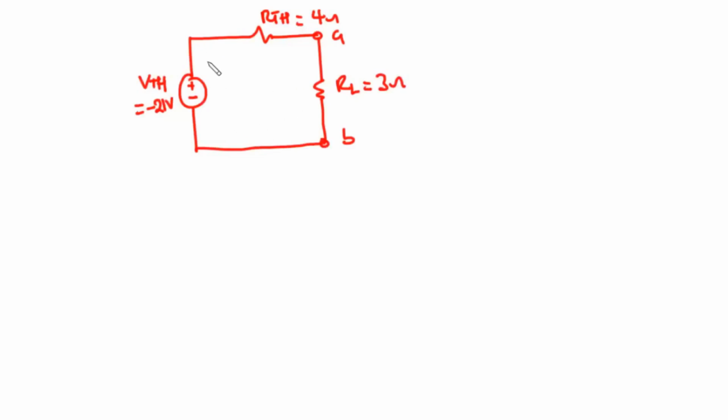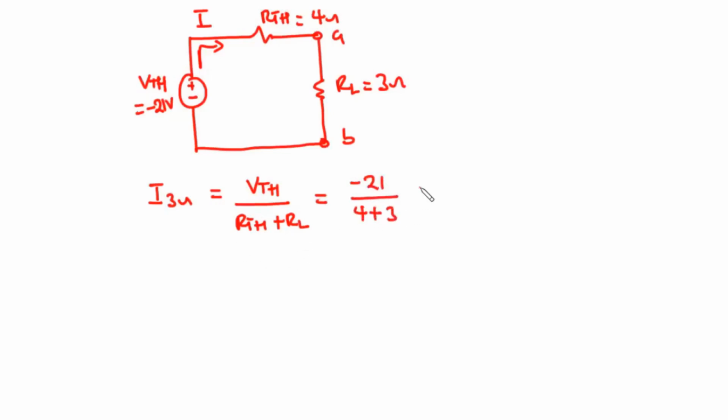Now VTH is going to drive current, say I, through the circuit, and if you want to find the current flowing through the load resistor, which is the 3 ohm resistor, that will be equal to VTH divided by RTH plus RL. Now the reason why we are going to add these two resistors is that they are connected in series.